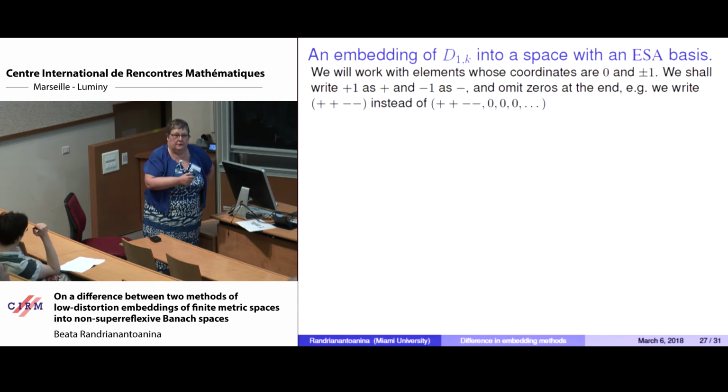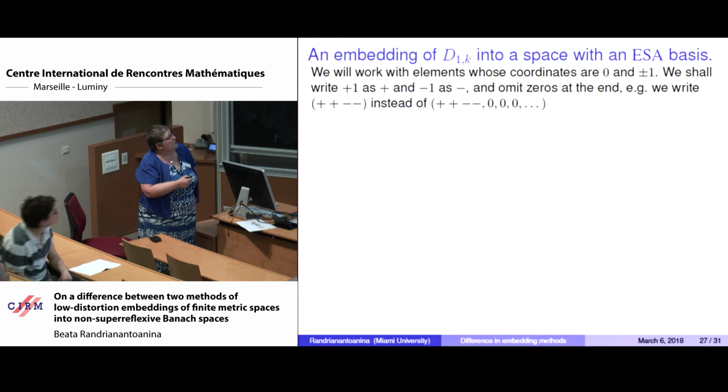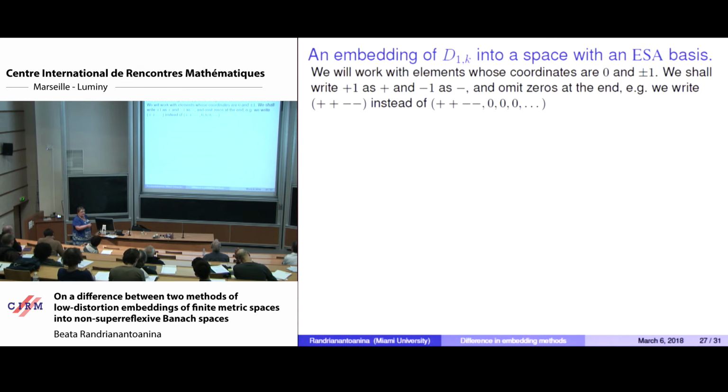I will restrict my attention to only such elements. And instead of plus 1, I will write plus, and instead of minus 1, I will write minus. And if there is a bunch of zeros, I will not write them, as is traditional, right? I will write this symbol instead of such a long symbol to mean the same thing.